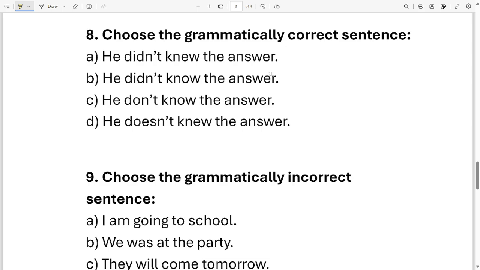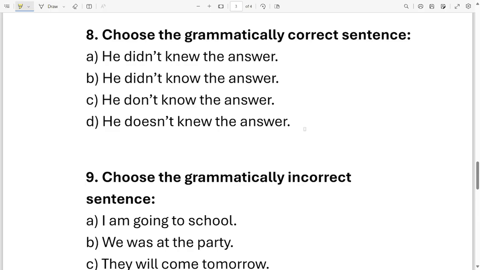Choose the grammatically correct sentence. Here are your options. He didn't knew the answer. He didn't know the answer. He don't know the answer. And the last, he doesn't knew the answer. These are the four sentences. Kindly go through your sentences very carefully, read them once, twice, thrice, and choose your correct option.